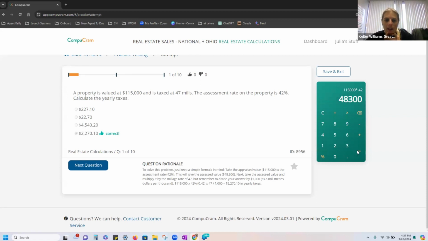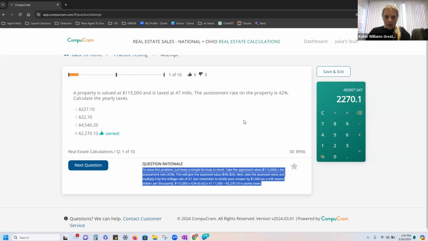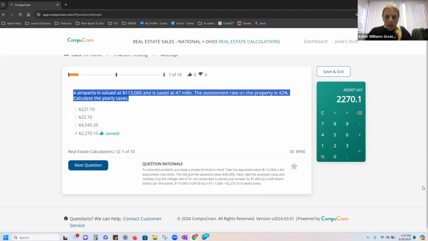And then next you multiply by the millage rate of 47. How I got the millage is dividing it by 1,000. So then you do times 0.047 equals. I'll put the question in the chat along with the answer. Good job.